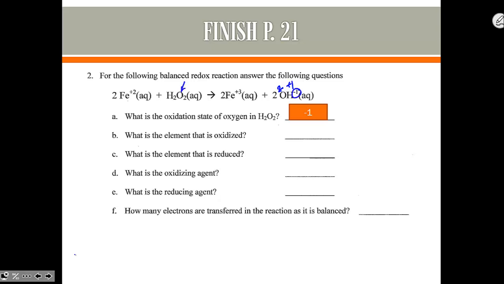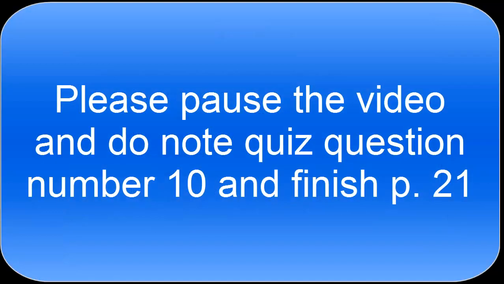Oxygen in peroxide is a -1, so 2 of them would be a -2, which cancels out the 2 hydrogens, which are +1. So again, this is an oddity, and you will not see it very often, but it is something I wanted to draw your attention to. So please finish page 21 in your packet.